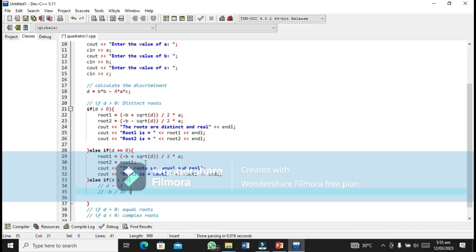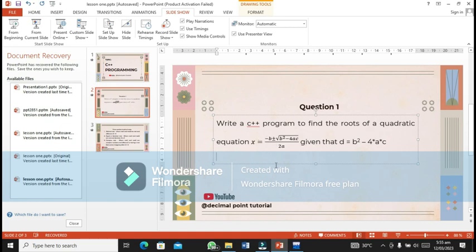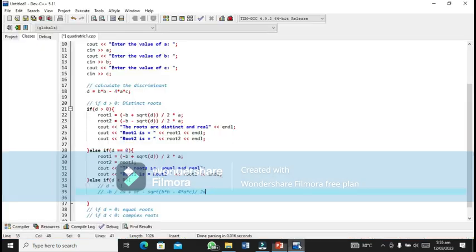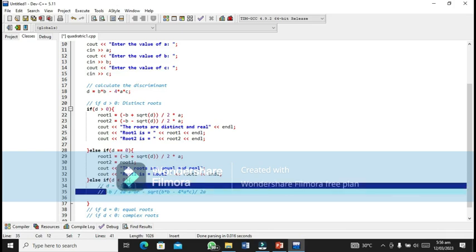Then we have our plus or minus, then we have the other part, which is square root of b times b minus 4 times a times c, also divided by 2a. This is because they are sharing the same denominator. So if you find the LCM to simply bring it back, you get this equation here.